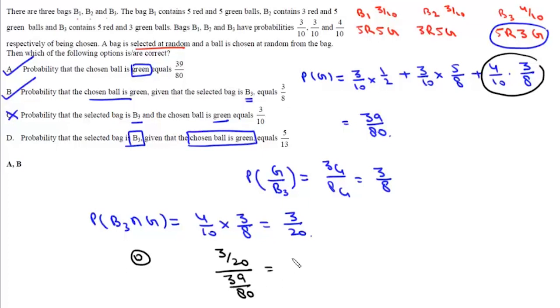Now this is 4, so it will be simply 12 by 39, which is 4 by 13. That means this option D is also incorrect. So the correct options are A and B.